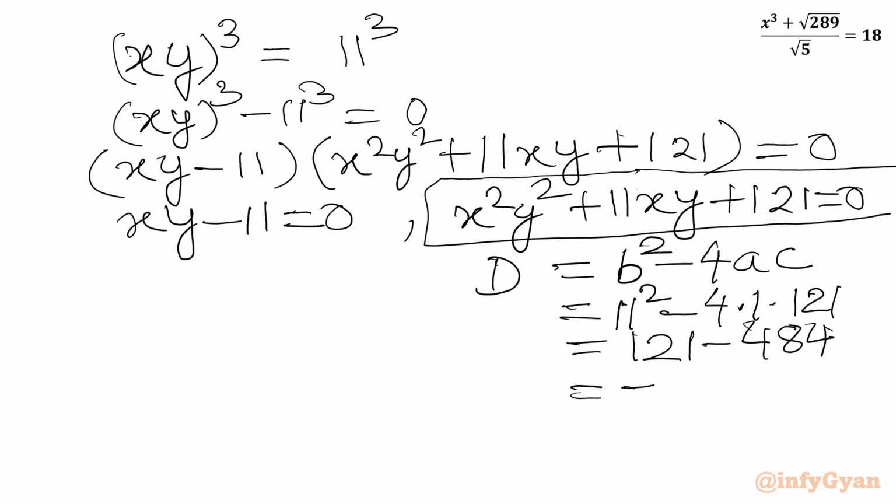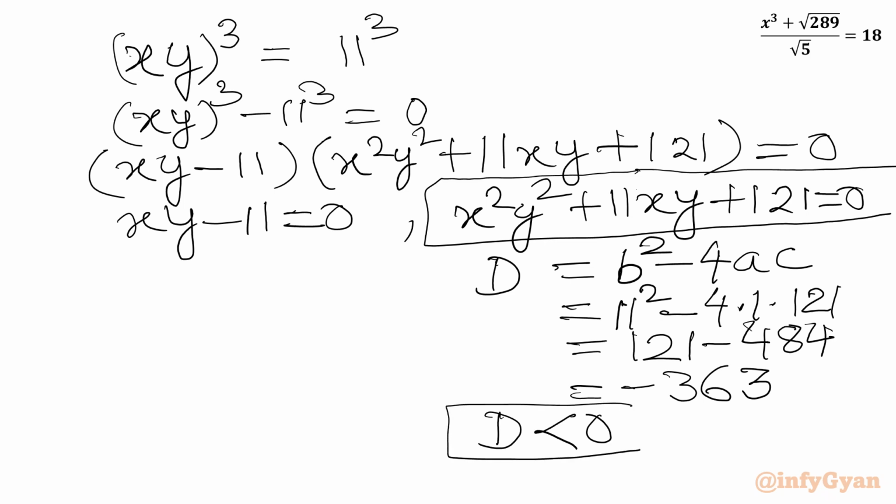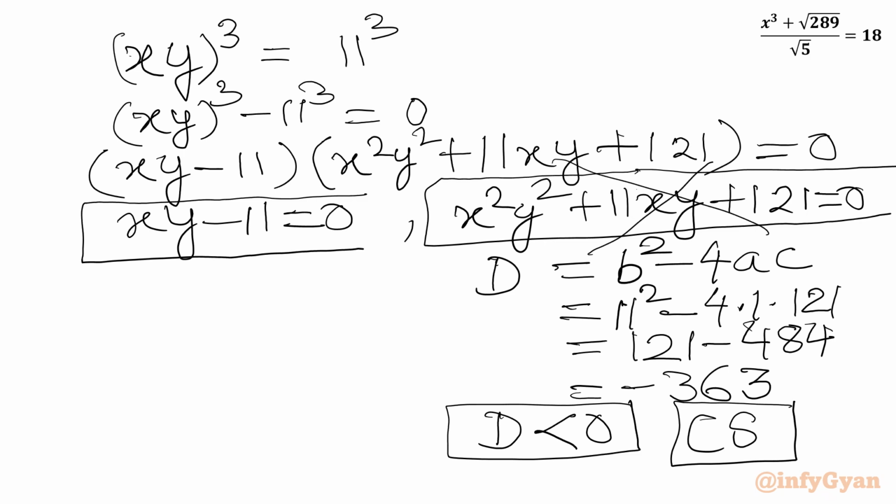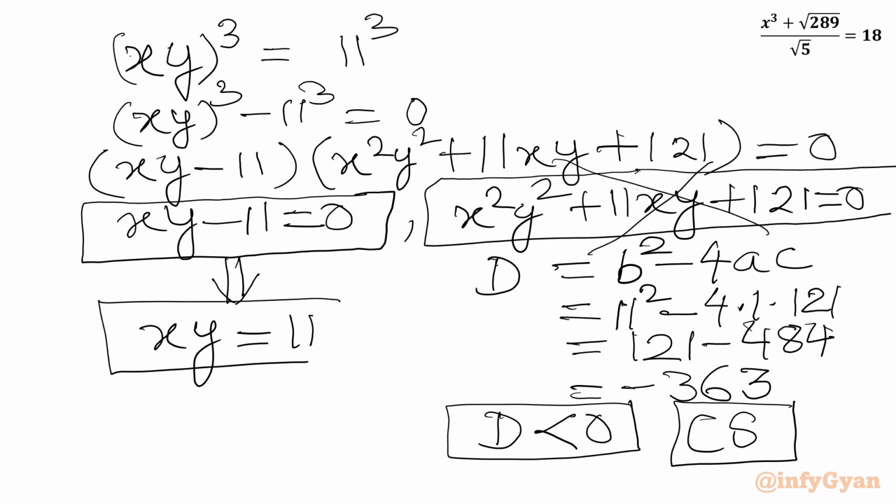Difference will be minus 363. Discriminant is negative. We will get complex solutions. So this quadratic equation in xy we will reject. Now from the first equation xy minus 11 equal to 0, we will get xy equal to 11, which is our accepted xy value. Let's say this is our equation number 2.